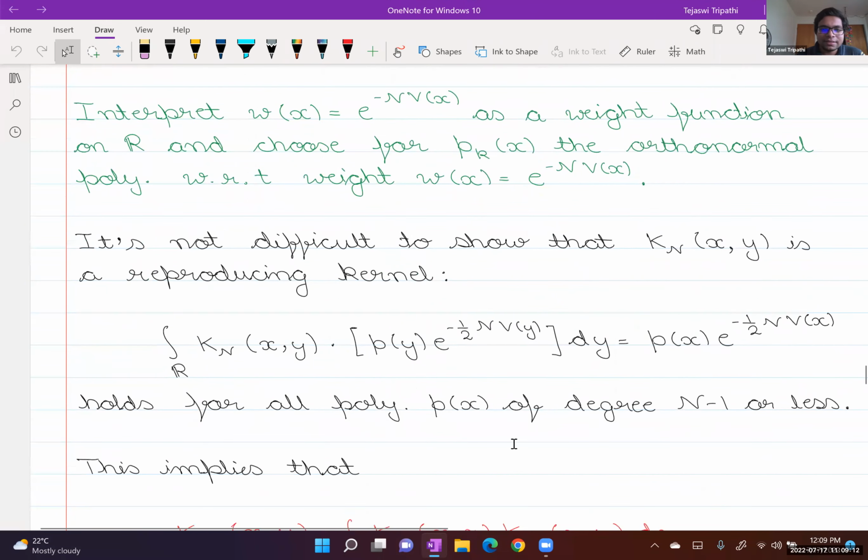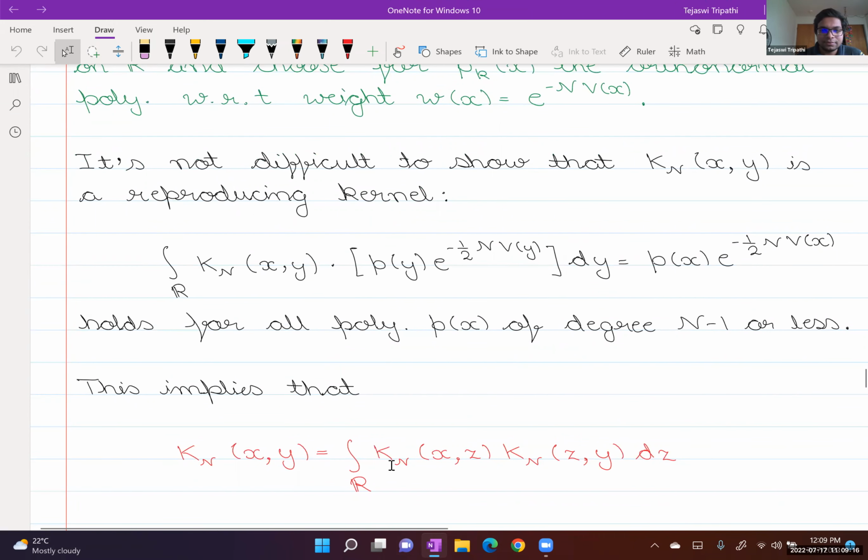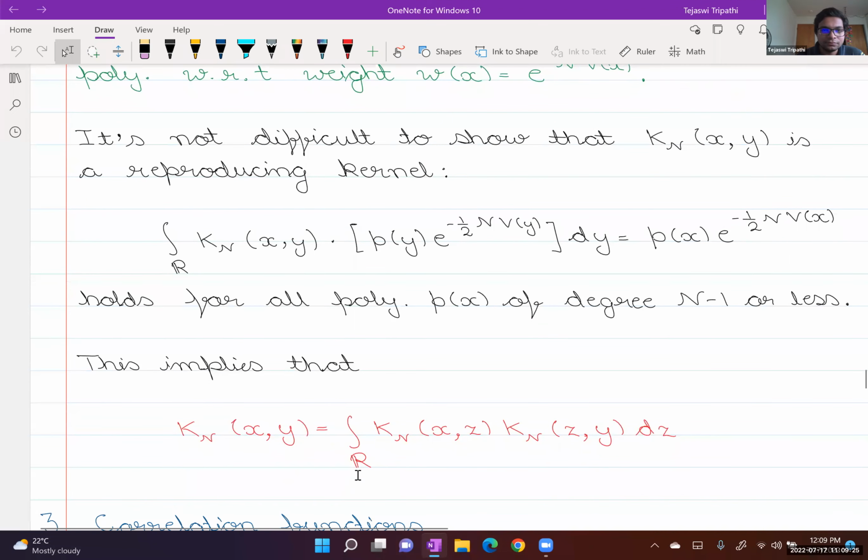And in particular, this implies that K_n satisfies this relation: if you integrate K_n(x, z) K_n(z, y) with respect to z, then you get K_n(x, y). All right.